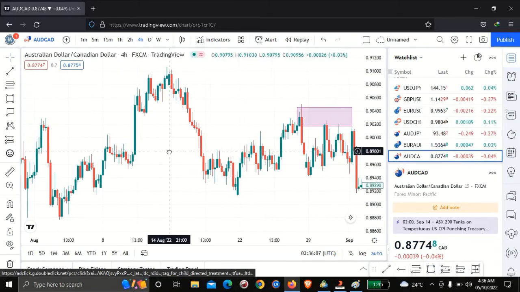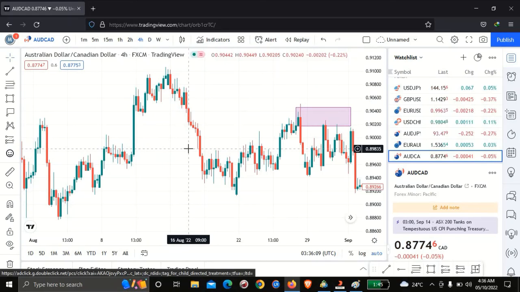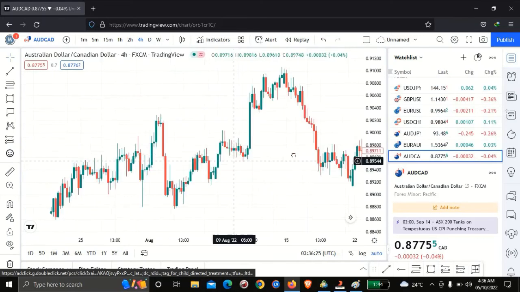Another thing you need to note, if you are in a downtrend, we look for bearish order blocks. If you're in an uptrend, we look for bullish order blocks. So we'll be talking about that in our subsequent class.